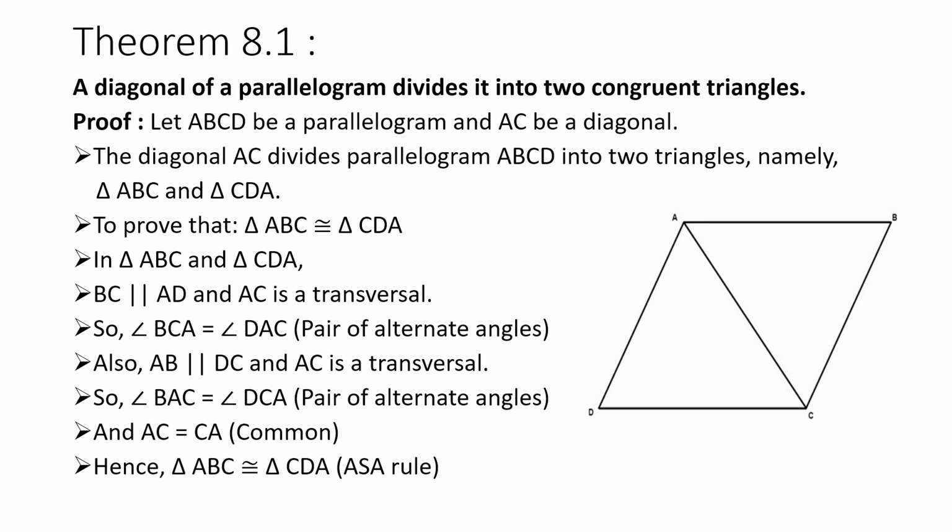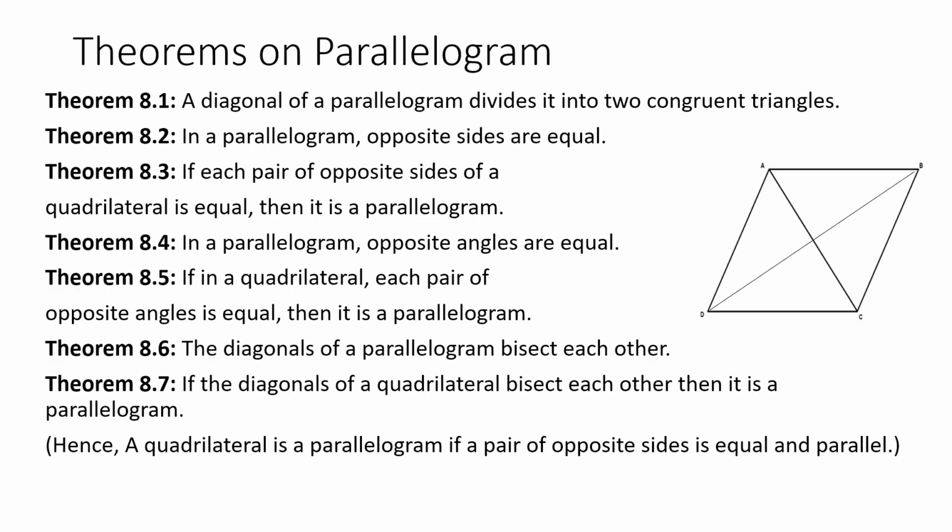Also now AB is parallel to DC and AC acts as a transversal. So in this case angle BAC will be equal to angle DCA, because again they are pair of alternate angles. AC and CA same side. So by ASA rule we have shown that triangle ABC and triangle CDA are congruent.